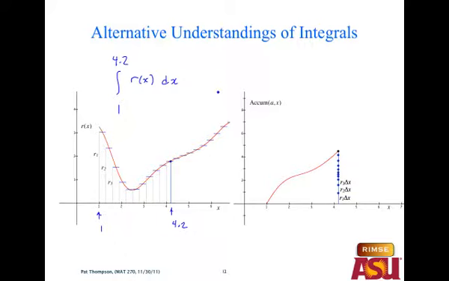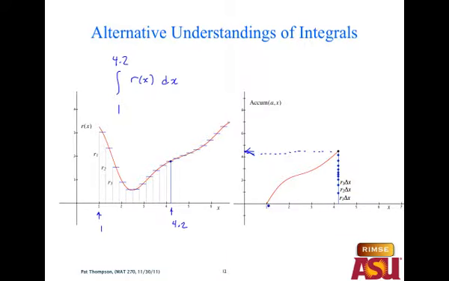And so over here, if we tracked that accumulation starting from 1, it would be 0 at 1, right? And then according to this rate, it would grow. And when we got to 4.2, it would be whatever this amount is. So that would be equal to this if the accumulation resets to 0 at 1.